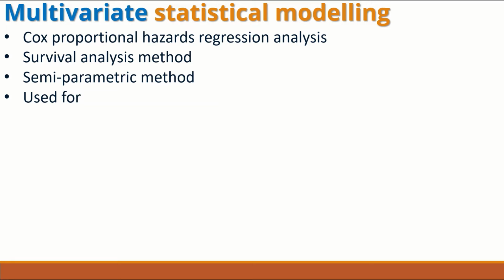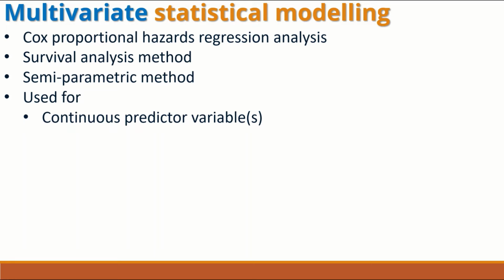So this Cox regression is only used when there are more than one predictors, more than one variables, and that's why it's called multivariate statistical analysis or modeling. It can be used for a continuous predictor such as height, weight, and age.